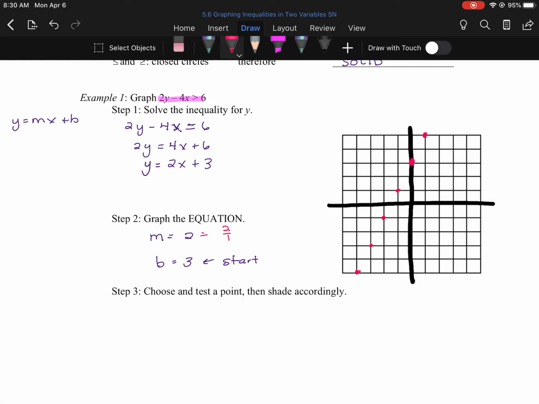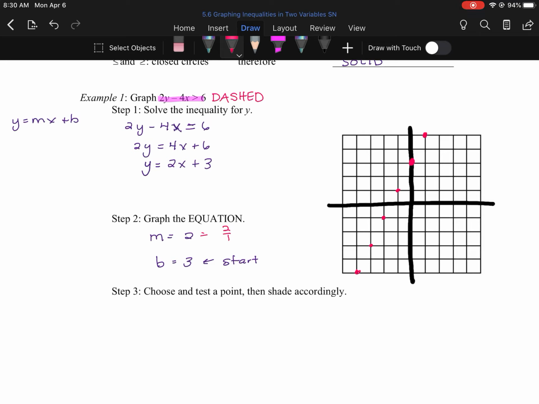All right, so now we have to go back to our original problem. And that original problem, and I typically write this at the very beginning, it was greater than, okay, greater than. So that means we are going to have a dashed line. Now, I would highly recommend you write dashed up there. That's usually the very first thing I do.